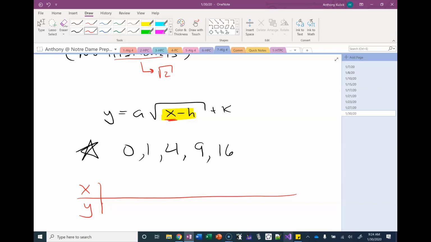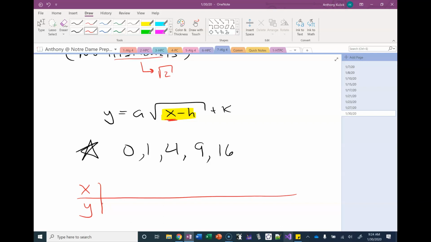The abstractness is what's bothering you. So if h is 2, what would you pick? If I want x minus h to be 0, if h is 2, what would I pick for x?